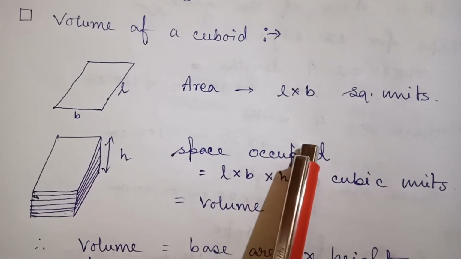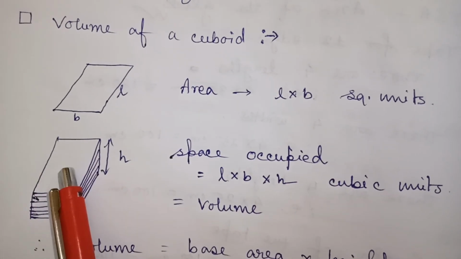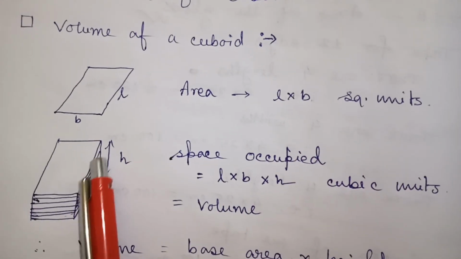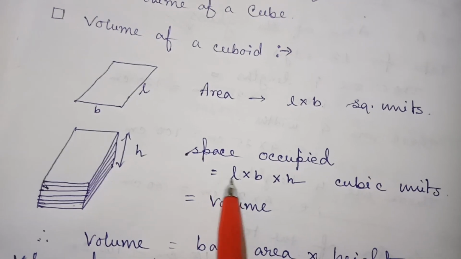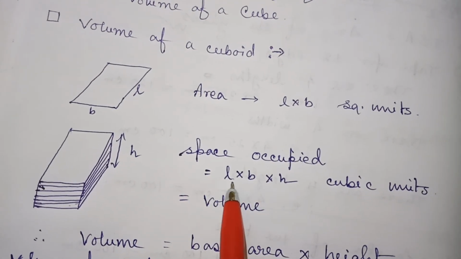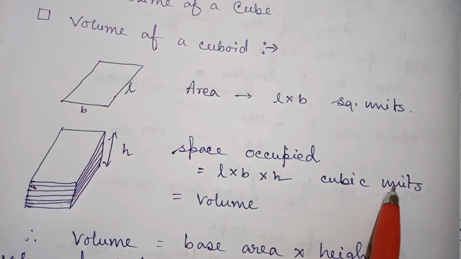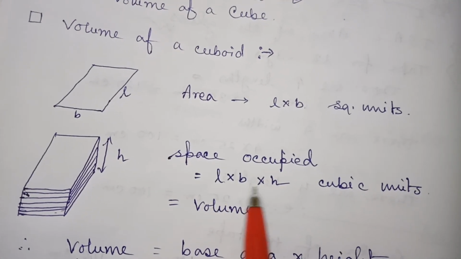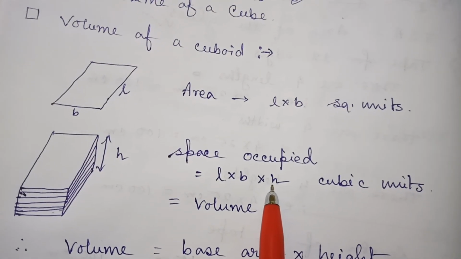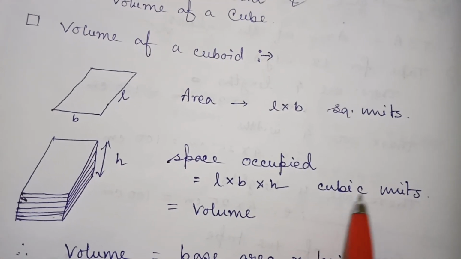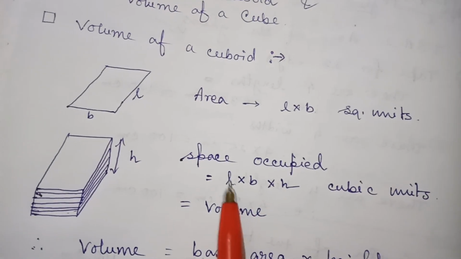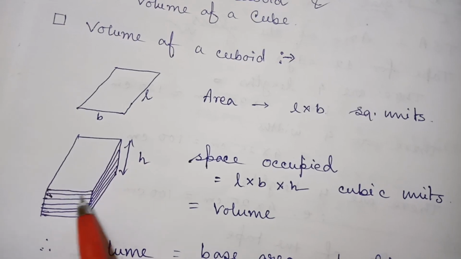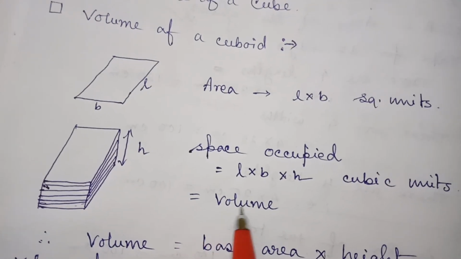So the space occupied will be one plate's area, L into B, and the height is H. So we take it as L into B into H cubic units. Why cubic units? Because there are 3 units to be multiplied together. And space occupied means the portion inside this structure, and that means volume.